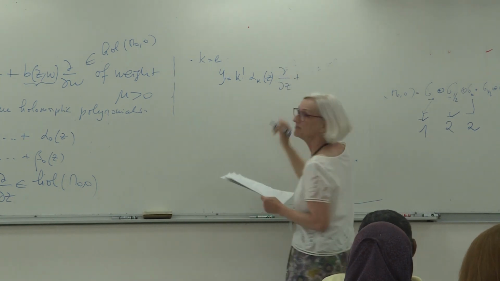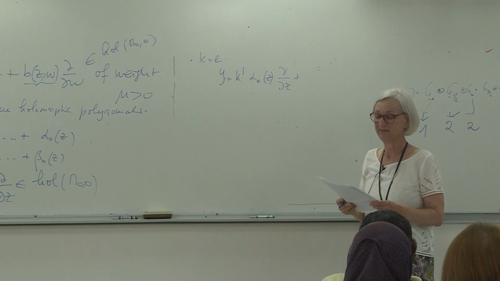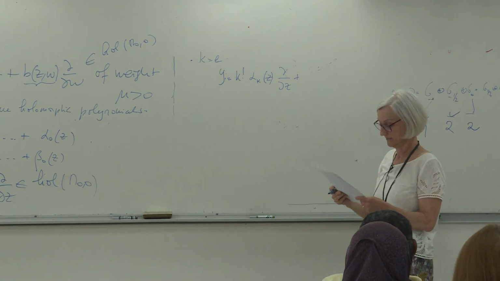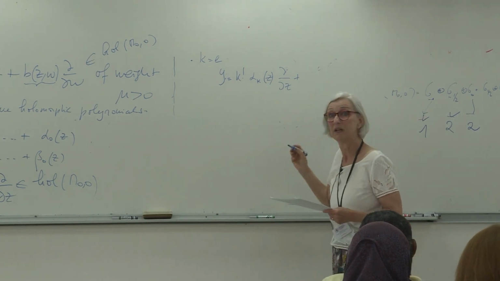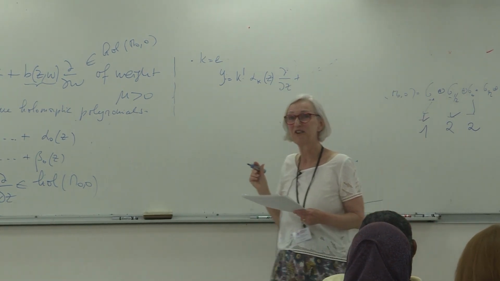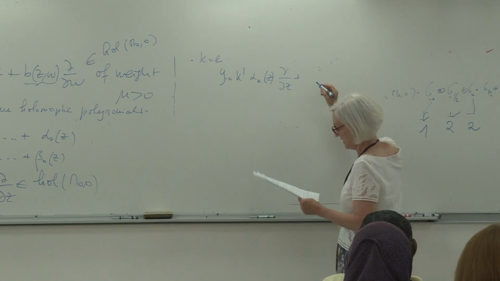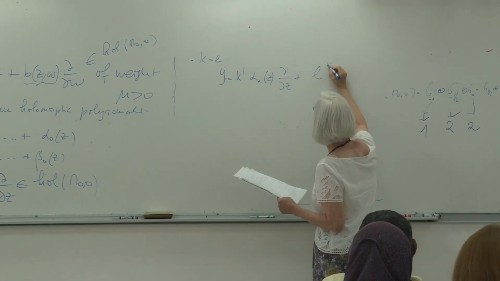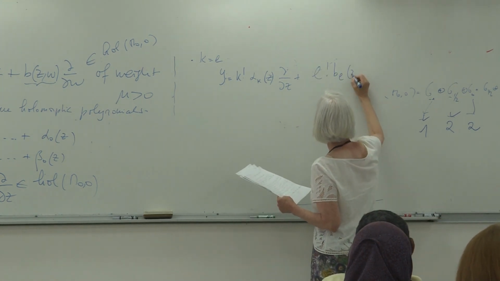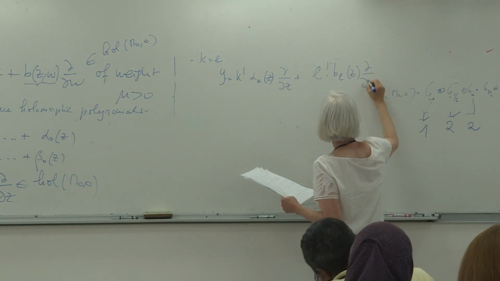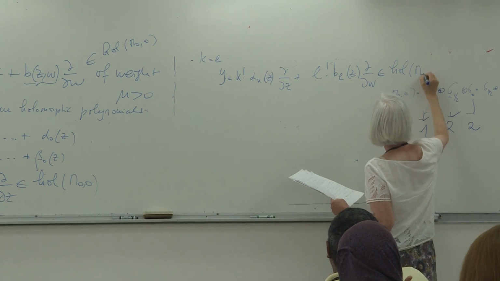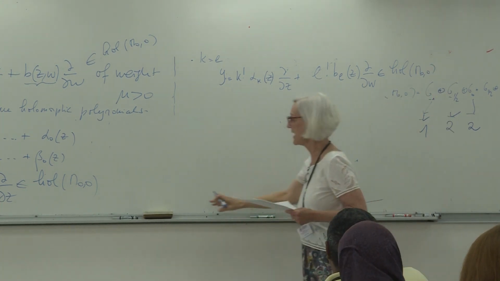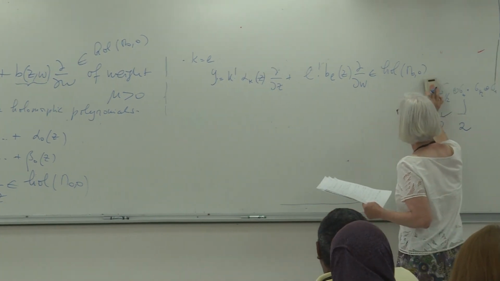And what is here, you think? No, what can, so it's L factorial, B_L of Z dW is in Hol M00. Do you start to see what happens? And there is no W at all.